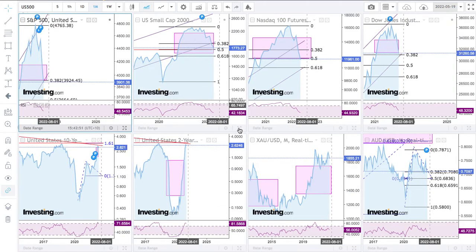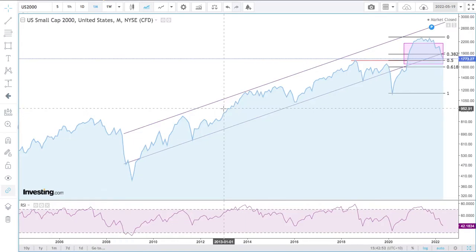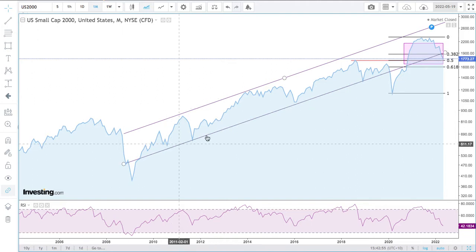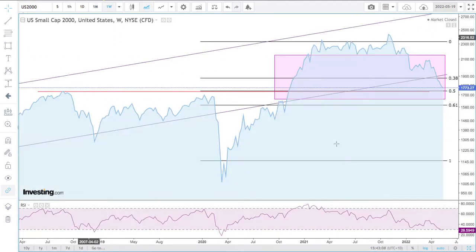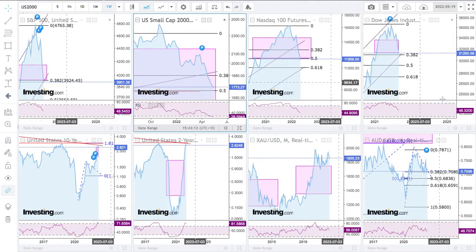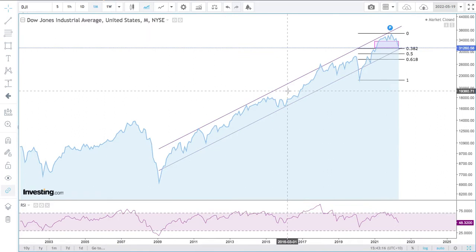Let's look at the Russell. Again, simplicity matters. Monthly, big trend, previous high, 50% retracement. There it is, coming off the overbought, and on the weekly, it is oversold. Right. Feel that big gap there. The Dow tells the same story, so they're all saying the same thing.